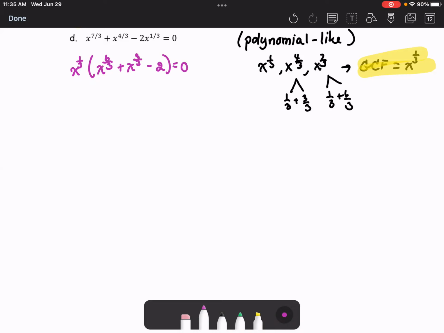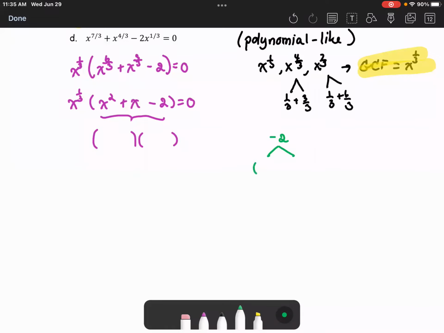6 over 3 is 2. So then the equation becomes x to the power 1/3 times x squared plus x minus 2 equals 0. And then the trinomial, or the 3 terms in the parentheses here, can be factored more. Same strategy: the number negative 2 is the product of 2 numbers whose sum equals positive 1, the middle term.